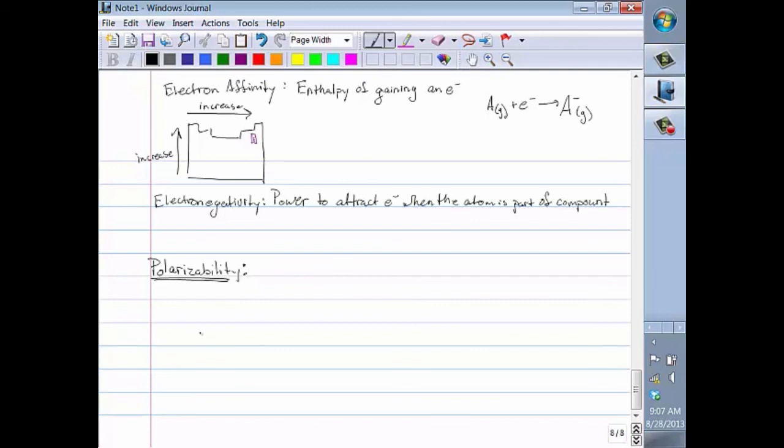This happens when there are a lot of empty orbitals that are close in energy, where electrons can move around to different spots. So it tends to be large atoms are very polarizable. So as you go down in the periodic table and you increase in size, you increase your polarizability.